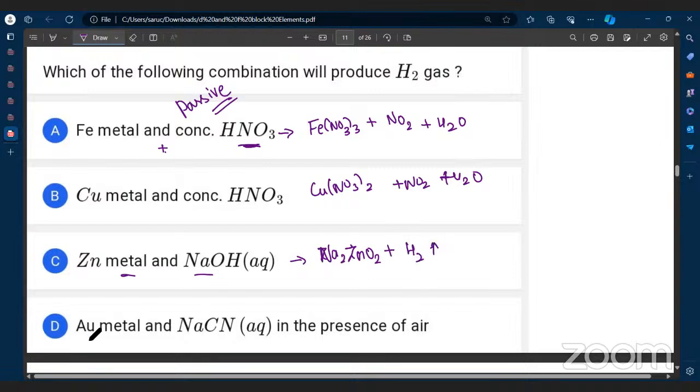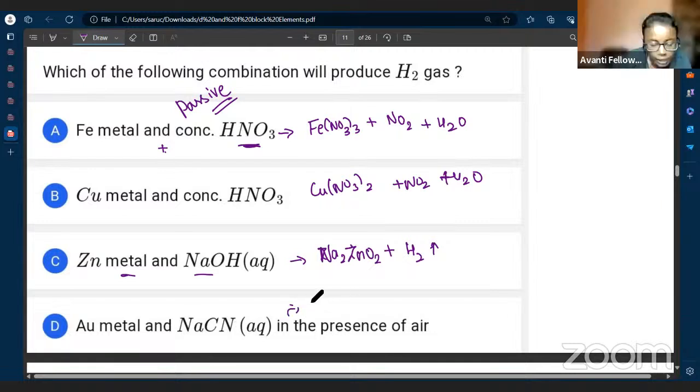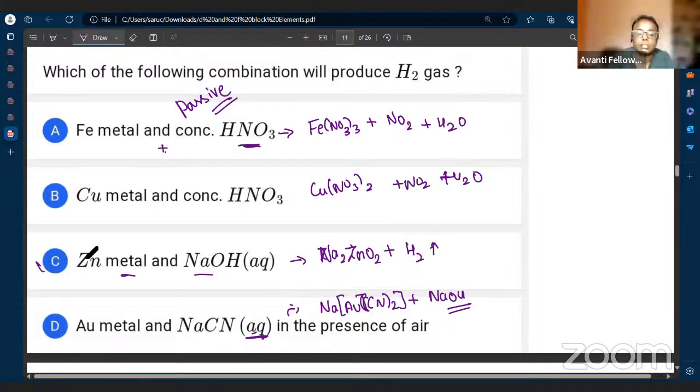And gold with NaCN in presence of air gives the gold complex Na[Au(CN)2] plus NaOH, in aqueous solution in presence of air. So the only combination which will produce hydrogen gas is the metal with NaOH.